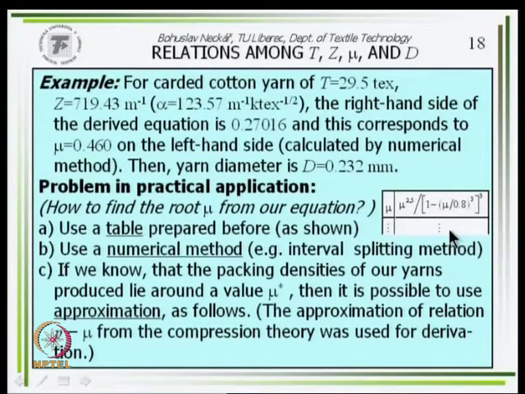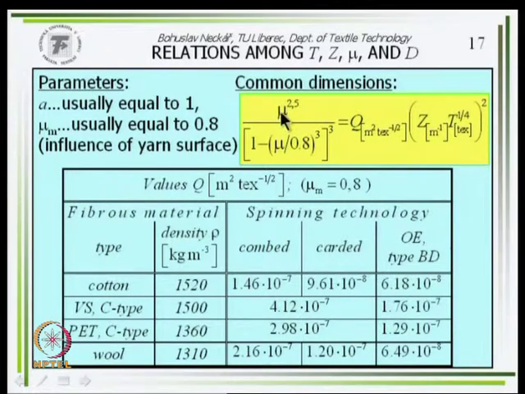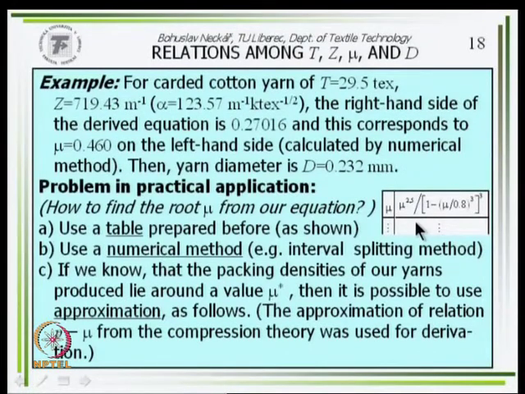We have more possibilities how to apply it in practice. You can prepare tables of the left hand side of our equation. So mu and left hand side value like this here. Yeah? Mu and left hand side, prepare such a table. When we know the value of the right hand side, it must be equal to the left hand side. Then from this table we can say which mu is corresponding to our equation.